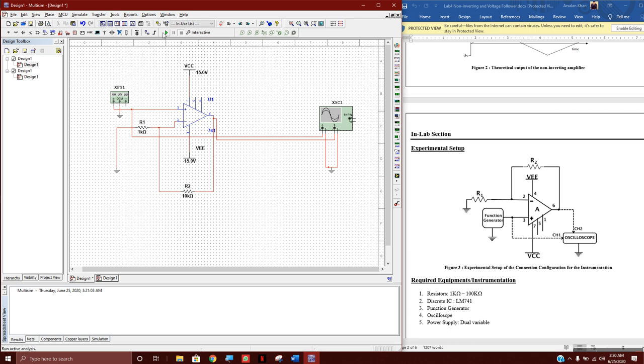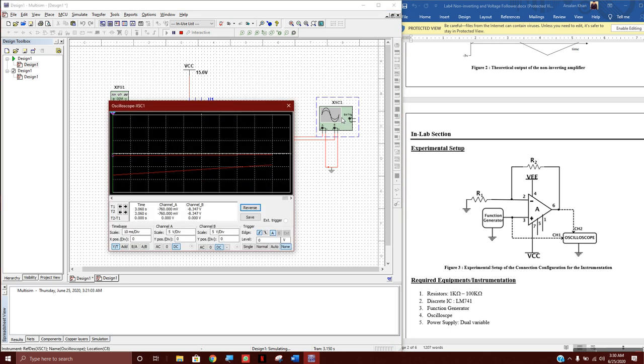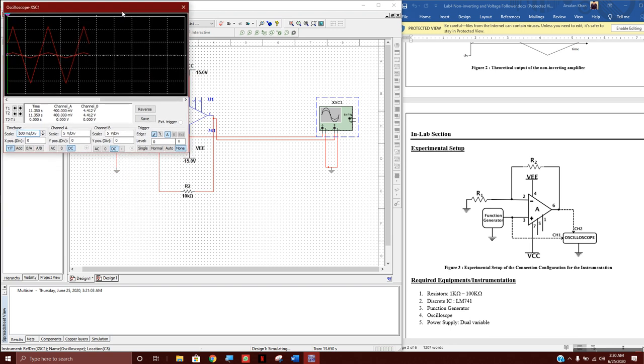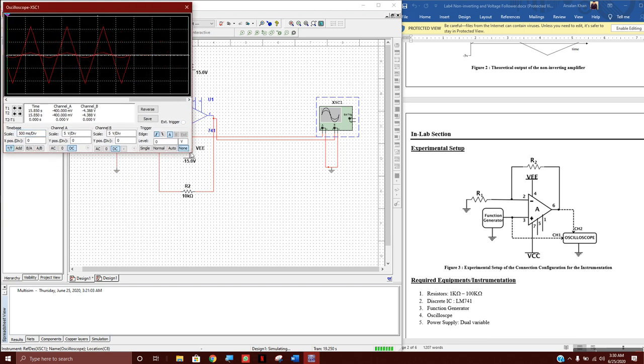Yeah, we're ready. Bismillahirrahmanirrahim. This is again obviously way too fast, so we have to go for 500 milliseconds. Okay, so you see, this is absolutely working fine.